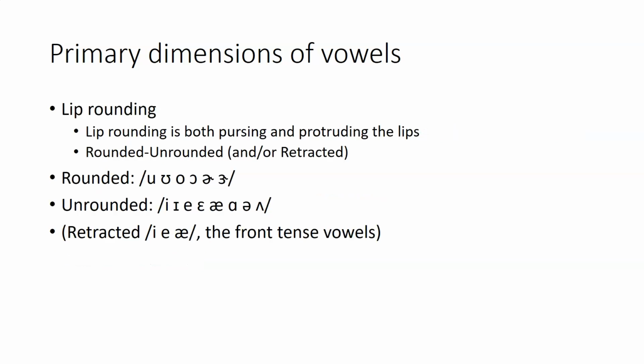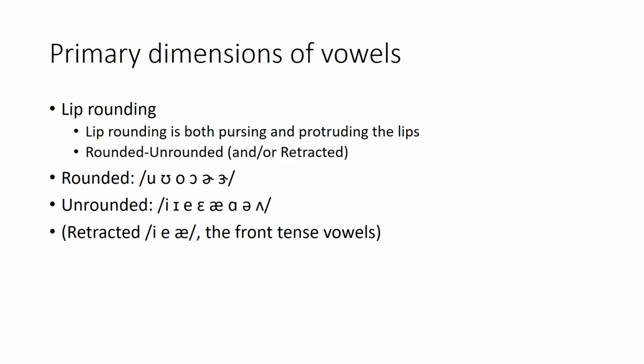The final primary dimension for vowels is lip rounding. In English, lip rounding is somewhat redundant with other characteristics, so we don't have a distinction between a vowel that is rounded and the exact same vowel that is unrounded. Lip rounding involves both pursing and protruding the lips. The distinction can be referred to as rounded or unrounded.